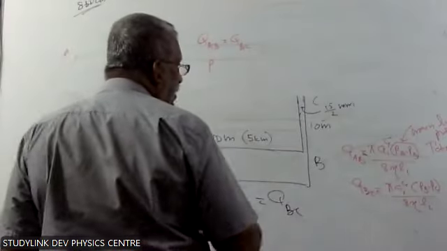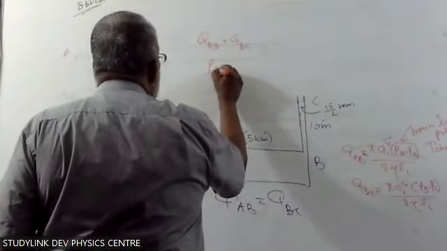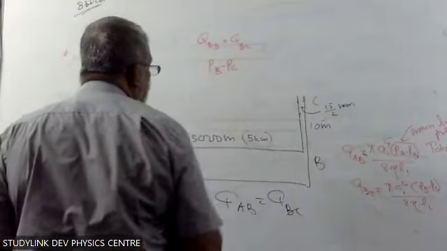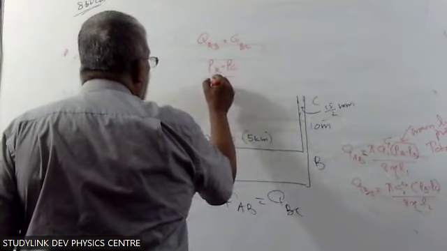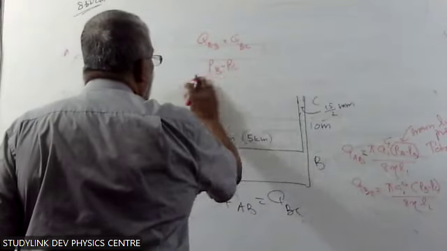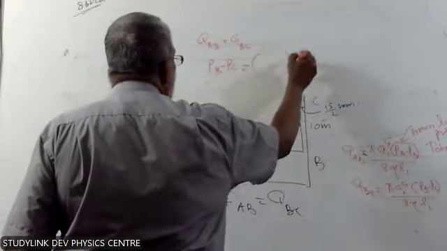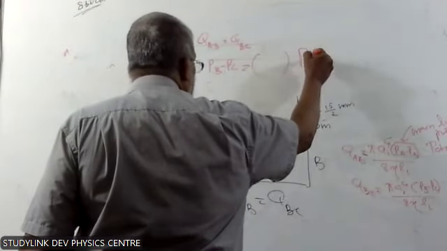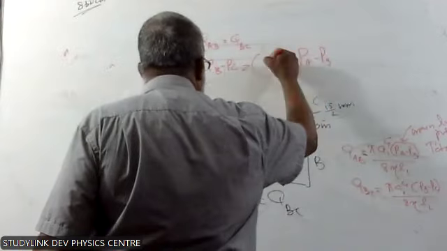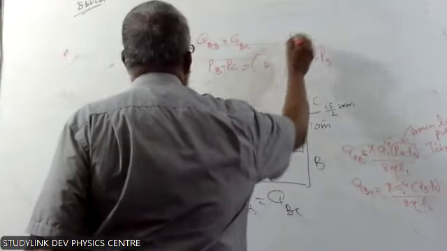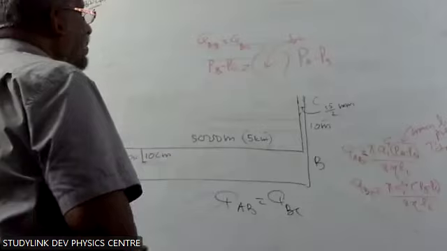What you want is you get a value for PB minus PC divided by PA minus PB, is equal to a certain value. They are asking this fraction. What is the drop?